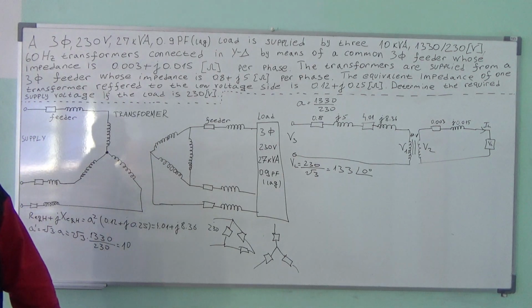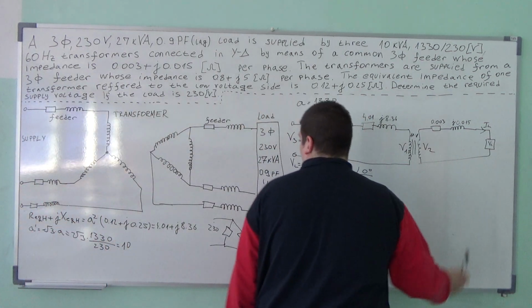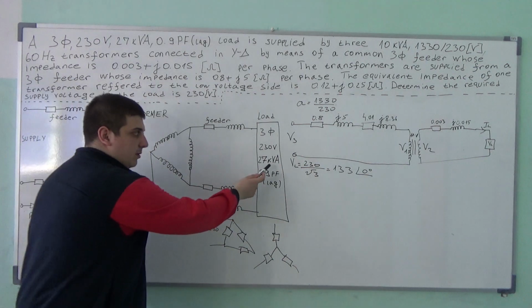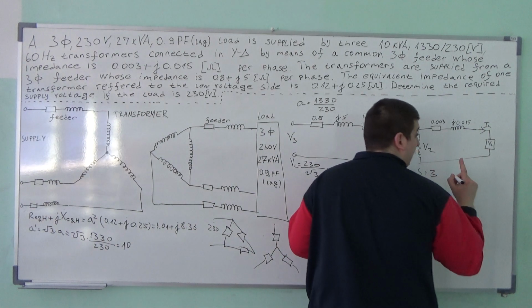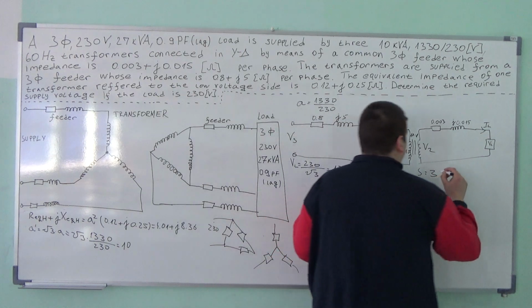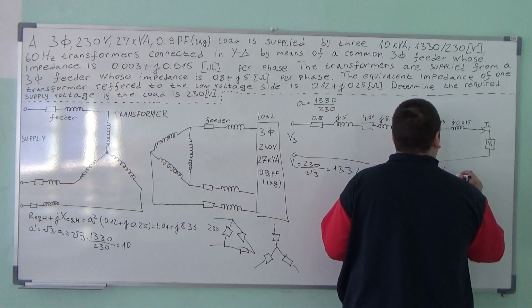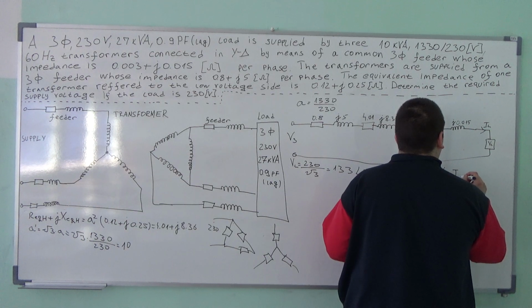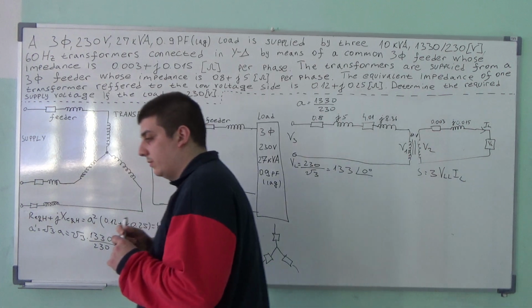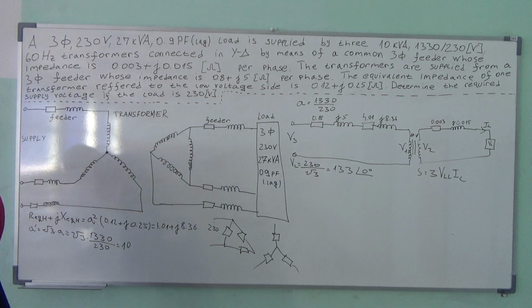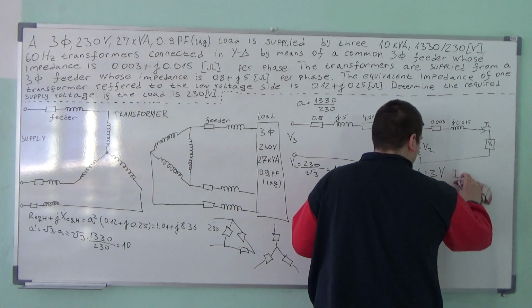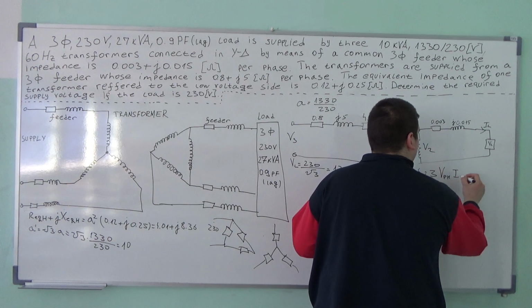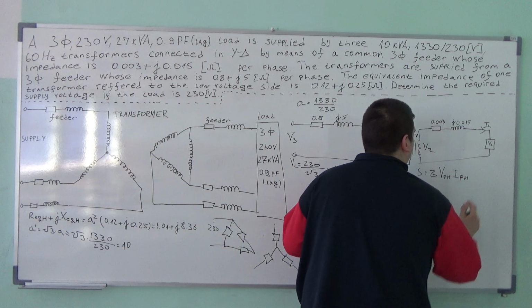Okay, now, what is the current IL? Well, the apparent power stays the same, and the formula for the apparent power for a Y connection is equal to the phase voltage times the phase current.